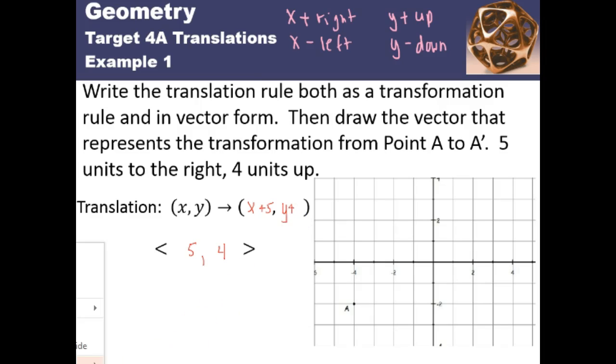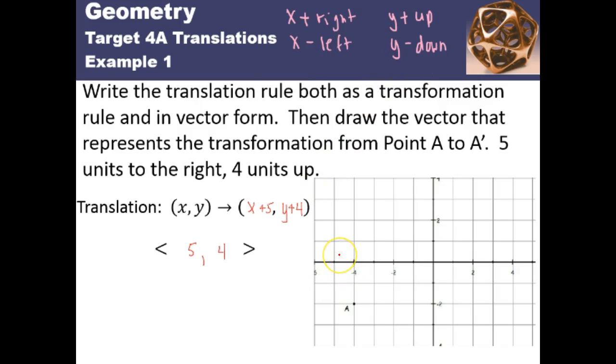So the left or right movement has to be written in this first box, and the up or down movement has to be written in the second part of the box. It's always x, y, or the left or right movement first, and then the up or down. And again, positive is right or up, and negative is left or down.